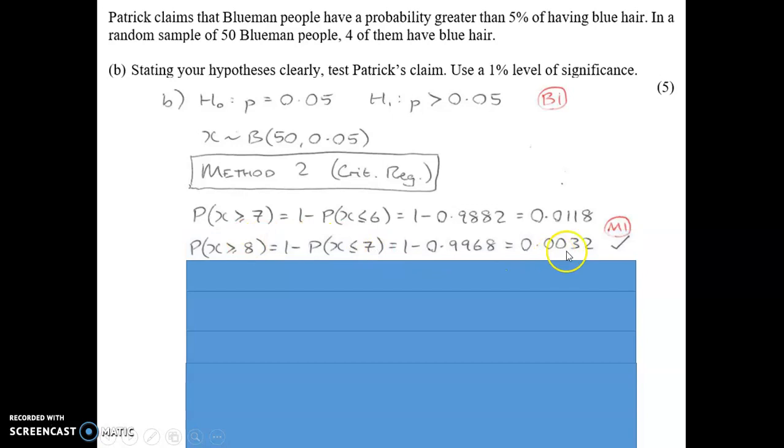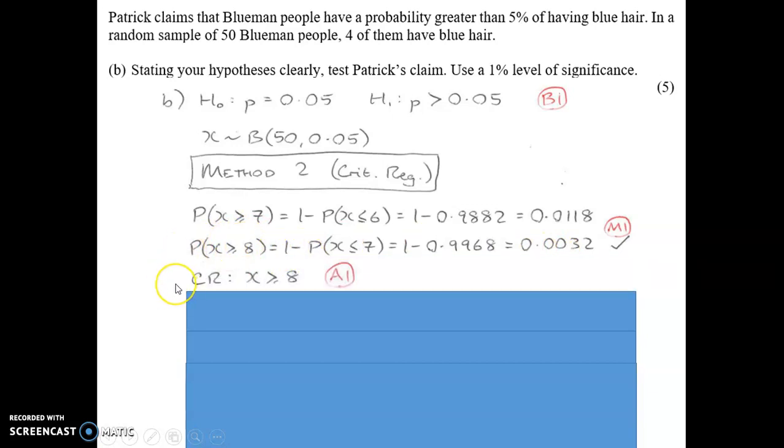That comes out to be 0.0032. So that is the lowest value of x where the probability comes out to be less than 1%. So this is going to be our critical region. So the critical region we can say is X is greater than or equal to 8.